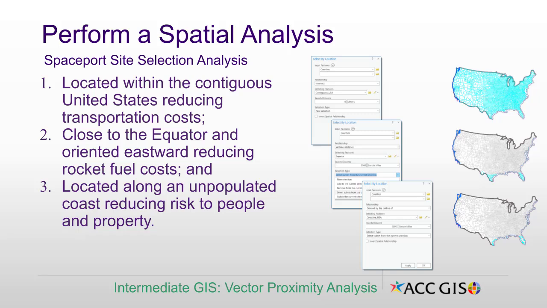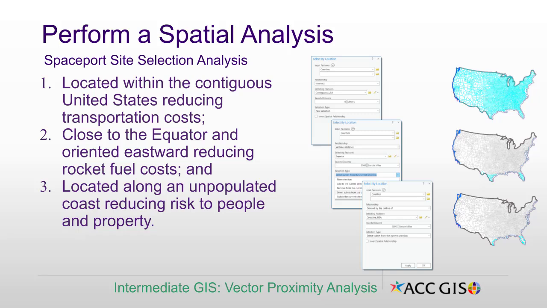The next step in my spatial analysis is to locate counties close to the equator and oriented eastward, reducing fuel cost. This time, I use Select by Location again, with the input feature still set to counties, but the relationship is changed to within a distance. I set the selecting features to equator and the search distance as 2,000 miles. And this is really important. I changed the selection type from a new selection to select a subset from the current selection.